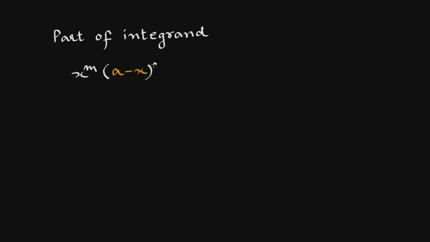Before we sign off, let us revise the various substitutions that we have talked about. When the part of the integrand is in the form x raised to m into (a minus x) whole raised to n, proper substitution would be x equals at.